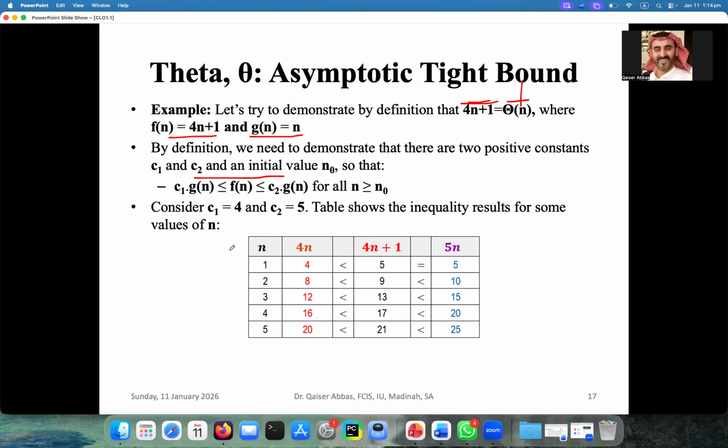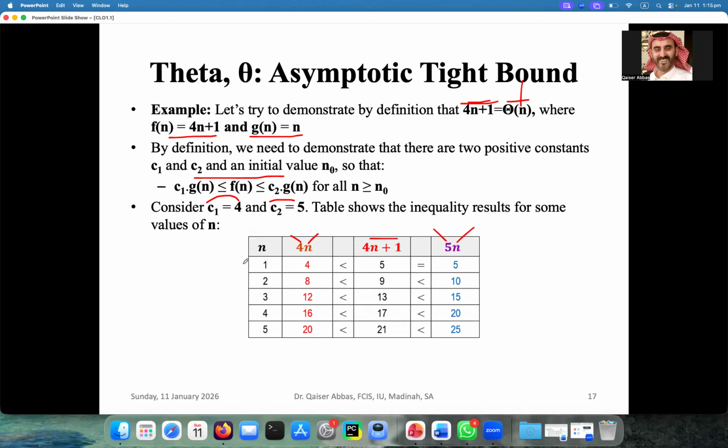If you find it by hit and trial, you take C1 equal to 4 and C2 equal to 5. Are we using constants here? We are. Where is that constant? This 4n, this is C and this is g of n. Understood? And this is your f of n, according to the equation.